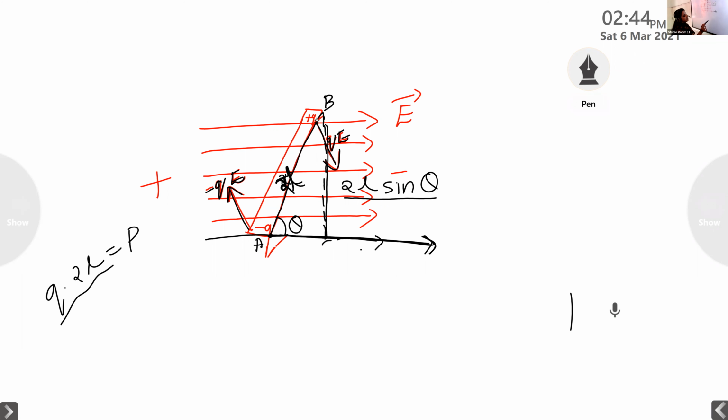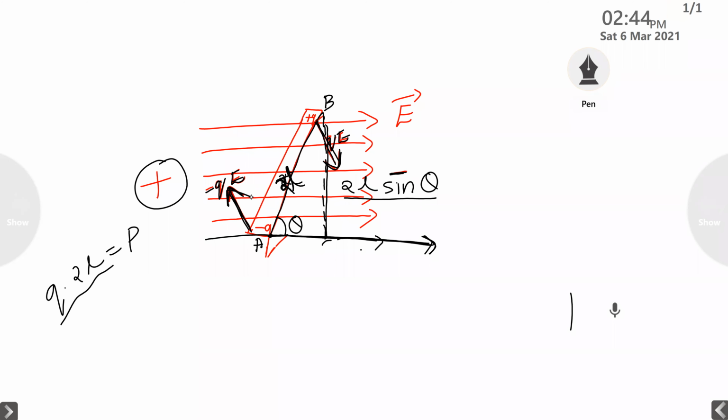The force experienced by the charge plus Q is QE. Similarly, the negative charge also experiences a force of attraction towards the positive charge. It is given by minus QE, since it is acting in the backward direction. This force is acting in the forward direction, but this force is acting in the backward direction. That is why we take it as negative.